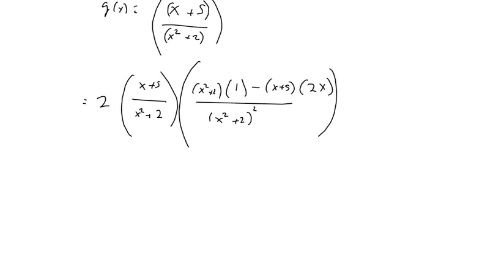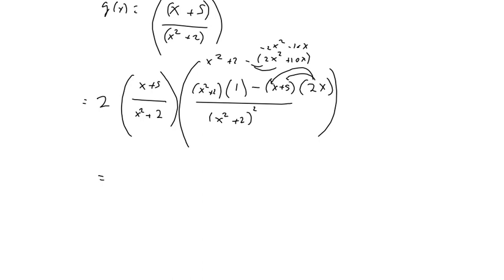We want to simplify a little bit. So what can we do? Let's see. This minus this. I can distribute maybe this 2x inside here. So this is going to be x squared plus 2 minus 2x squared plus 10x. And then if I distribute that negative, it becomes negative 2x squared minus 10x.